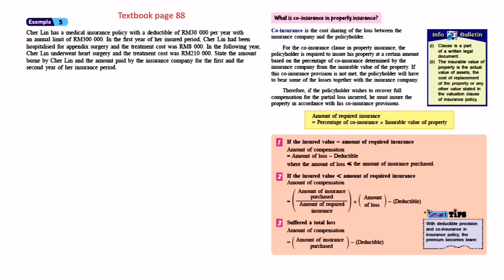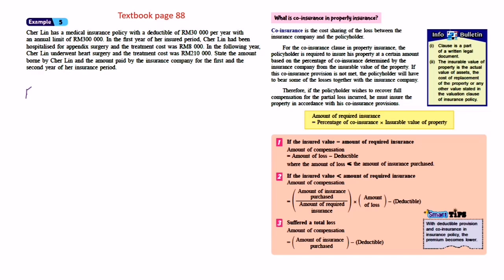In the following year, Cherling underwent heart surgery and the treatment cost was 210,000 ringgit. State the amount borne by Cherling and the amount paid by the insurance company for the first and the second year of her insurance period.